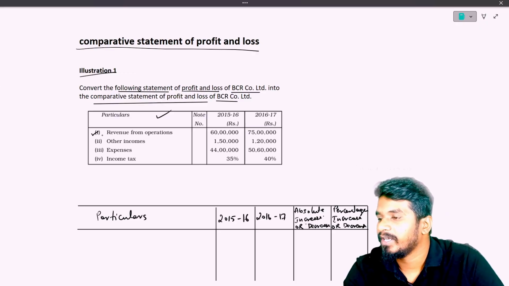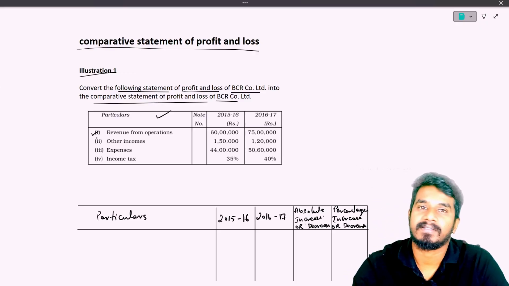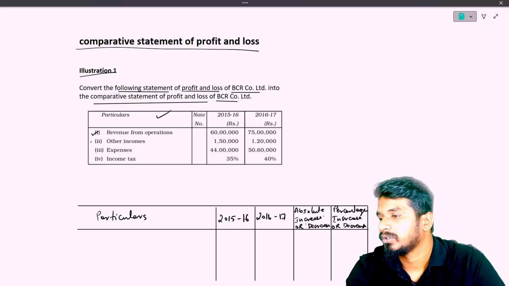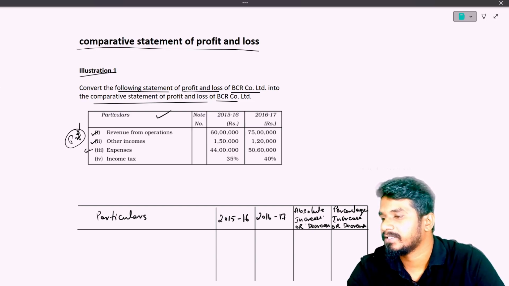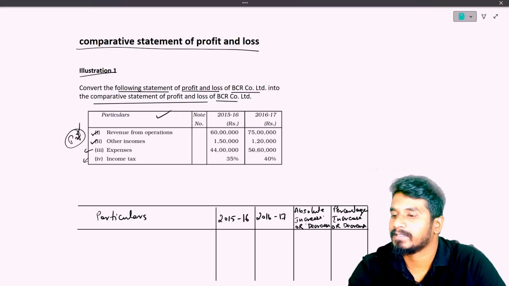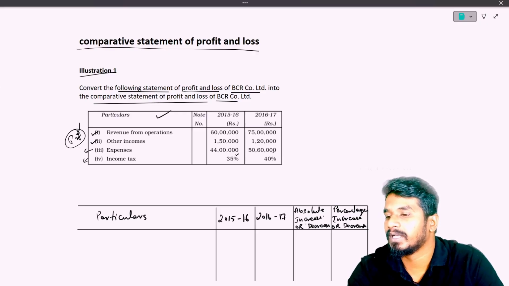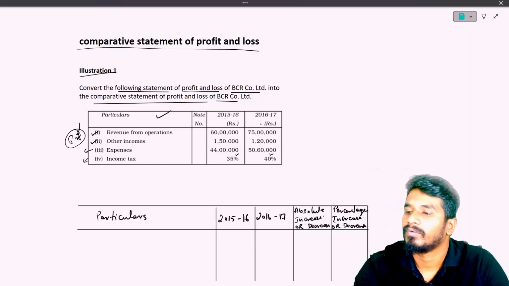Yes. So revenue from operation, which means income, correct? Some other income they have given for the company. Those are incomes, and they have given certain expenses, and also they have given income tax, that is 35% and 40% for 2 years.